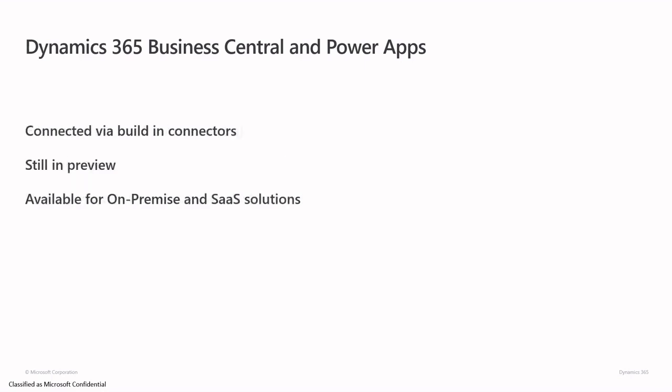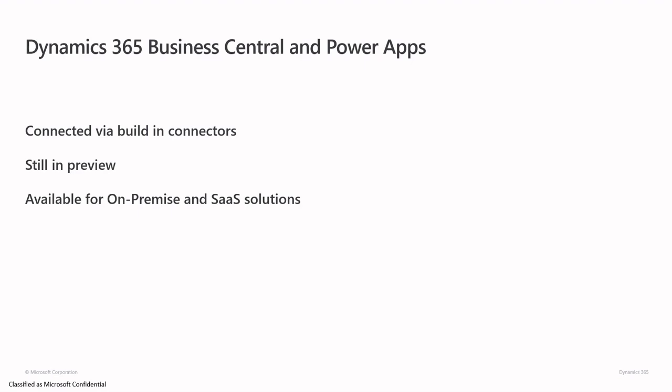To be able to connect Dynamics 365 Business Central and Power Apps, we will use built-in connectors, which are unfortunately still in preview. These connectors are available for on-premises and SaaS solutions, so we will have two different connectors: one for on-premises and one for the SaaS solution.